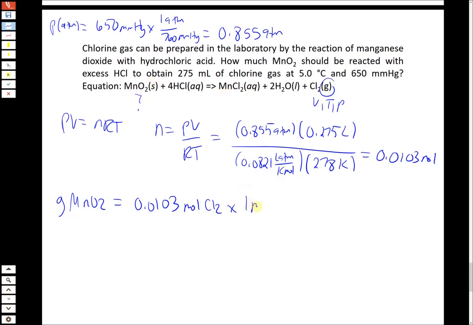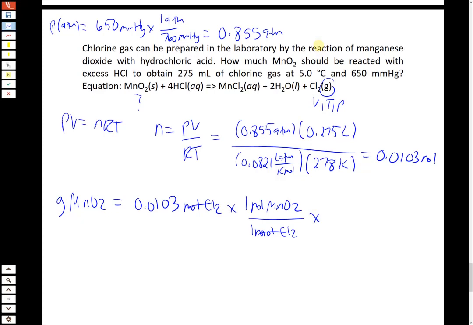So for every mole of Cl2, we're going to require 1 mole of manganese dioxide, MnO2. That's how many moles of MnO2 we need, and then we just have to use its molar mass to find how many grams that would be.